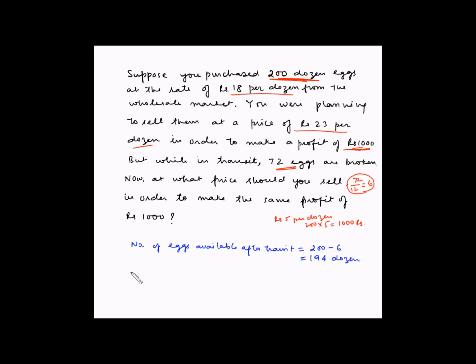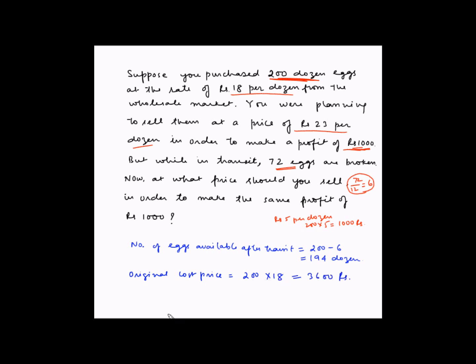Now the original cost price is equal to, so the quantity that you bought originally, which is 200 dozen, and you paid 18 rupees per dozen. So 200 multiplied by 18, so per dozen it was 18, so for 200 dozen it will be 200 multiplied by 18, which is equal to 18 twos are 36 and 2 zeros.